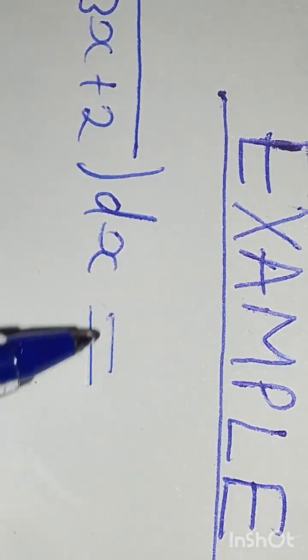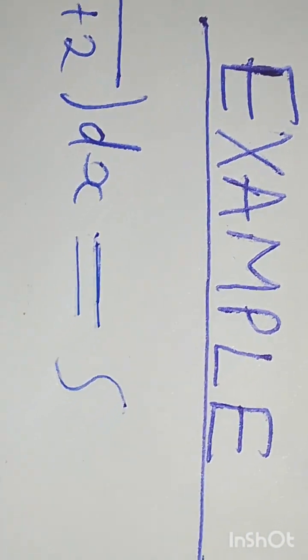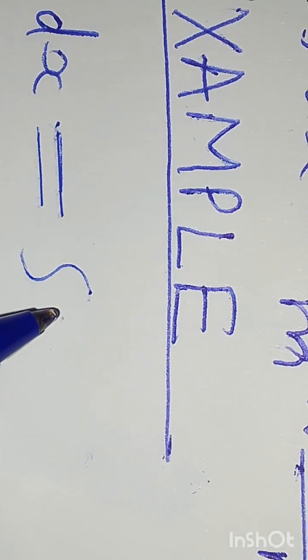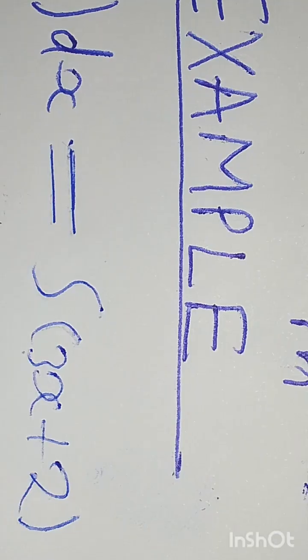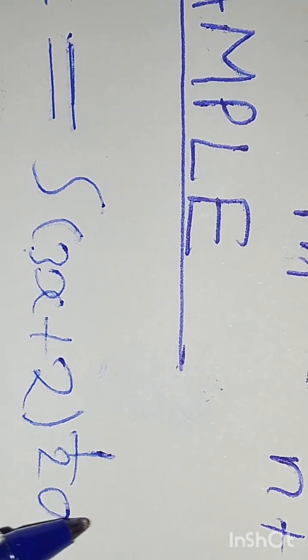Example 1 is the integration of the square root of 3x plus 2 dx. It's simple and straightforward. Whenever you have a square root, we write it as (3x plus 2) to the power 1 over 2 dx.